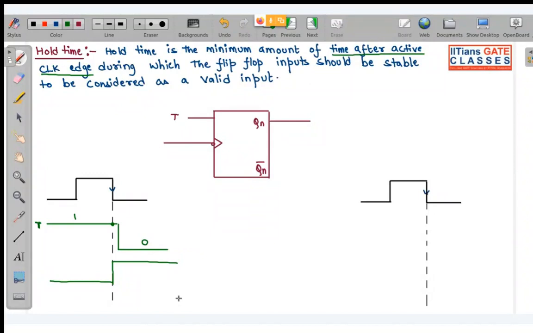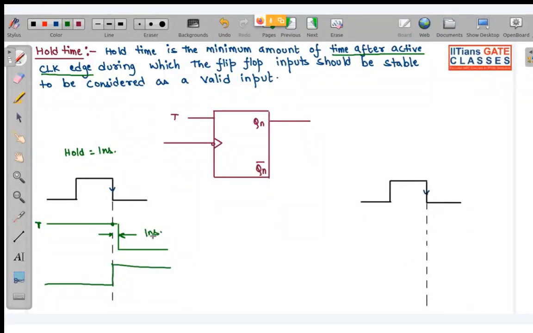But now we have been introduced to hold time. Hold time is the time after this active clock edge for which your input should remain stable so that it is considered a valid input. Assume hold time here is 1 nanosecond. If the input stays stable for 1 nanosecond, then T will be considered 1 and your output will toggle from 0 to 1.